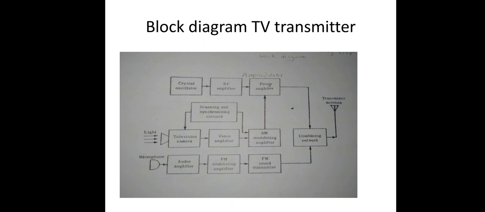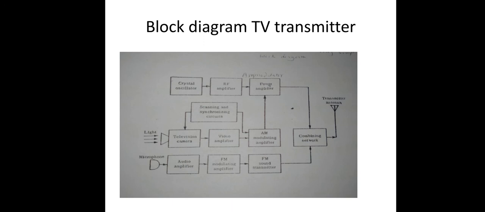This part is the audio amplifier, FM modulating signals, and FM sound transmitter. And there is the television camera, video amplifier, AM modulating amplifier, the scanning or synchronization circuits, and the crystal oscillator, RF amplifier and power amplifier are used.